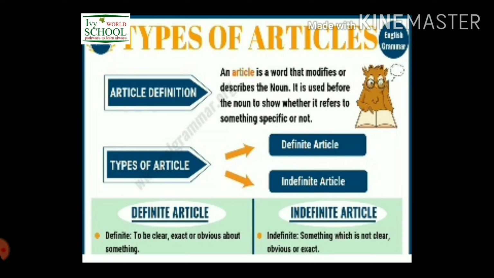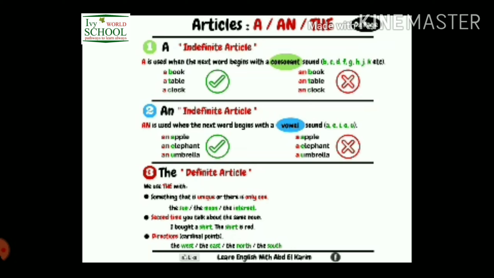Now let's have a look at the next picture and understand the difference between the usage of a and an. Both are indefinite articles. However, their usage is different. An indefinite article is used always in front of a vowel sound. There are five vowels in the English language.